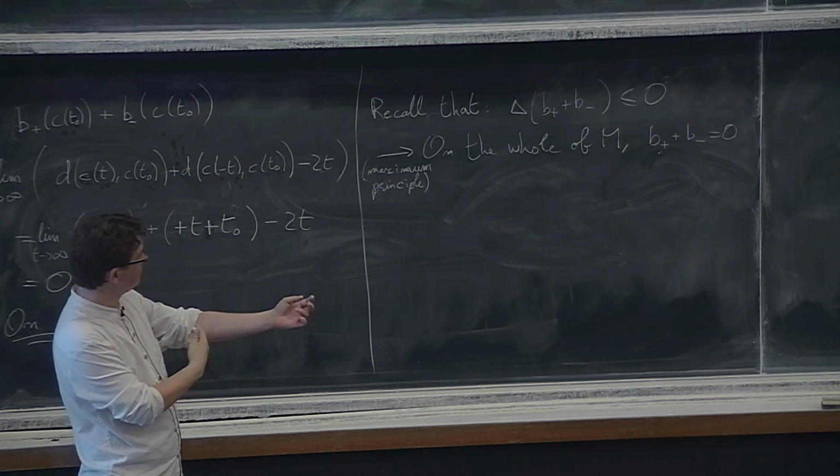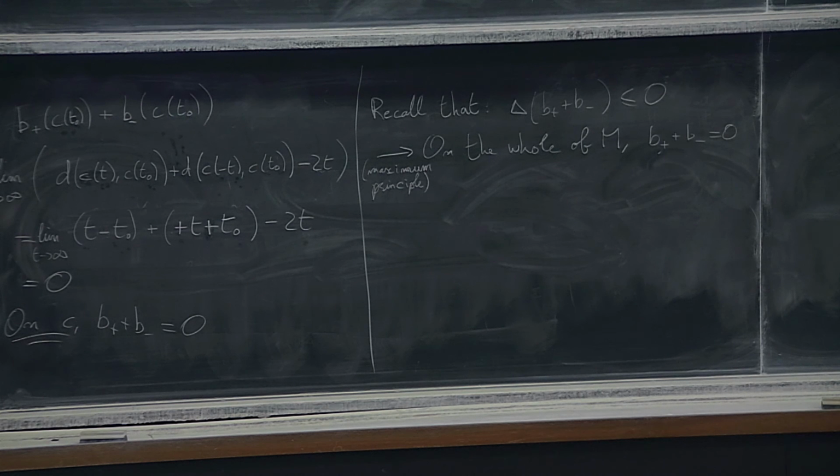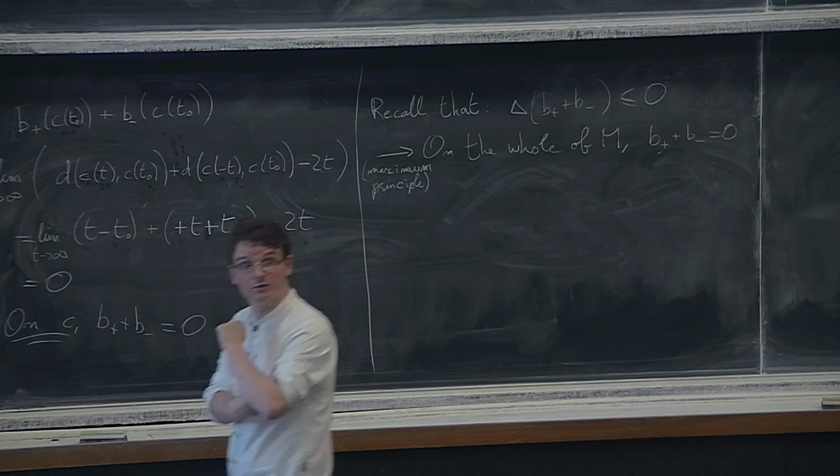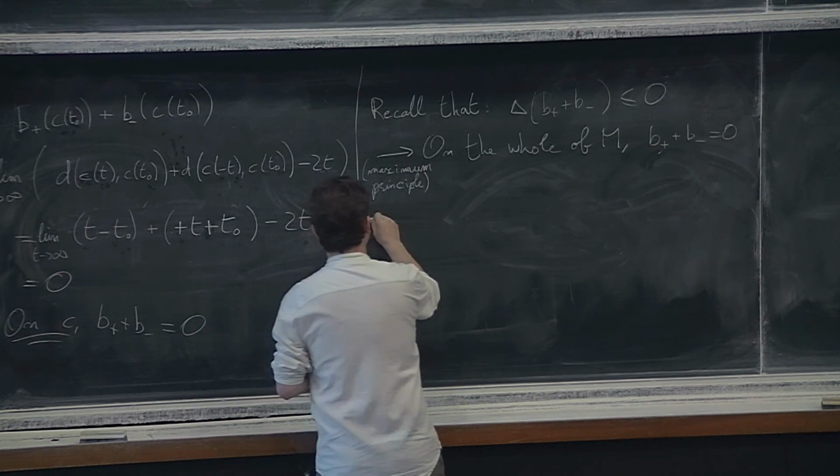Okay, so once we have that, what can we say? Well, b plus is superharmonic, but it's also minus b minus, and b minus is also superharmonic. So b plus is actually harmonic.